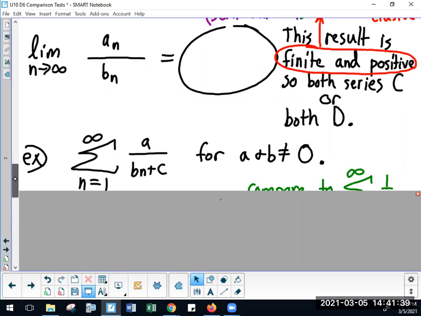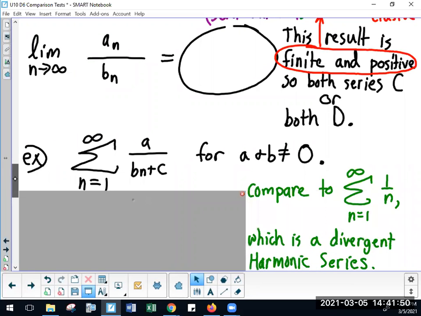A, B, and C are constants. We're going to say that A and B are both non-zero. We already know that this diverges, yes? Yes, harmonic series diverges. But for the sake of argument and example, we're going to compare this to the harmonic series, 1 over n, as n goes from 1 to infinity, which we know is divergent.